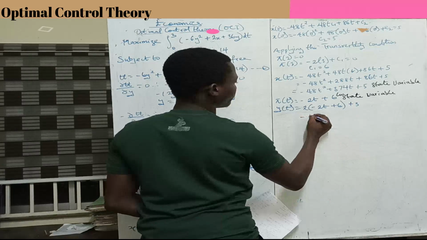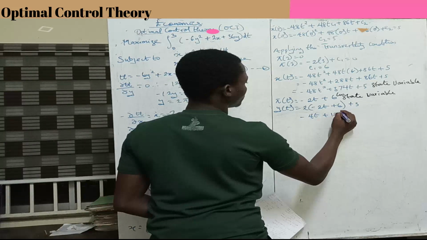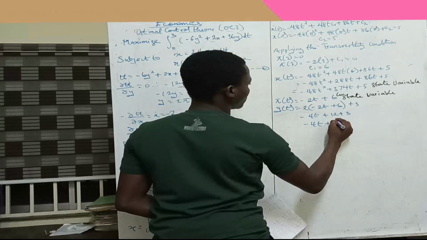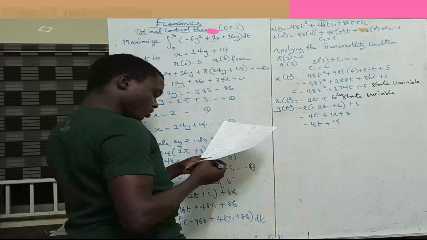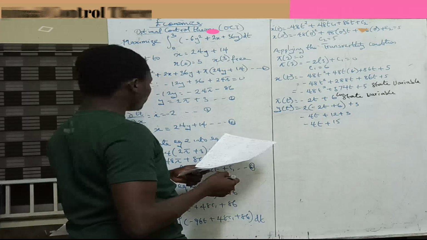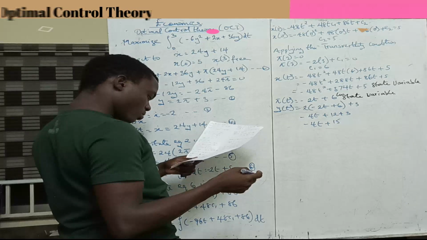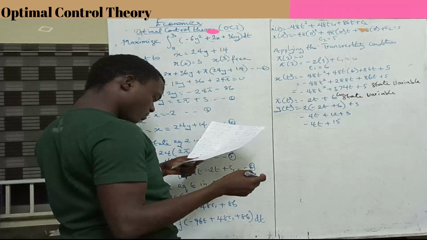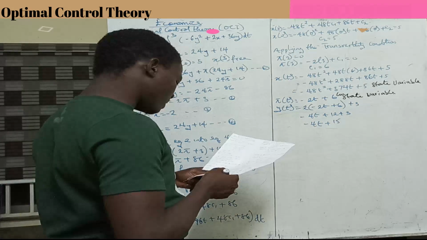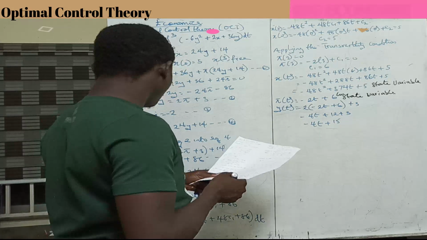So we have 2 into bracket minus 2t plus 6, plus 3. Is it 3?